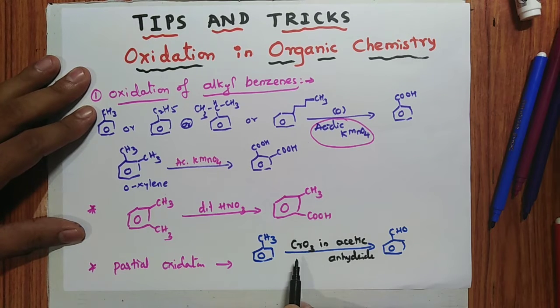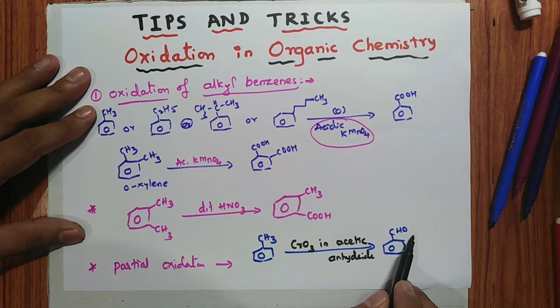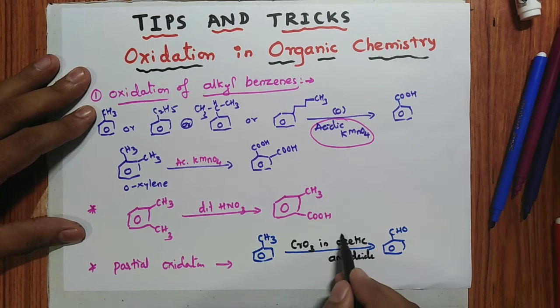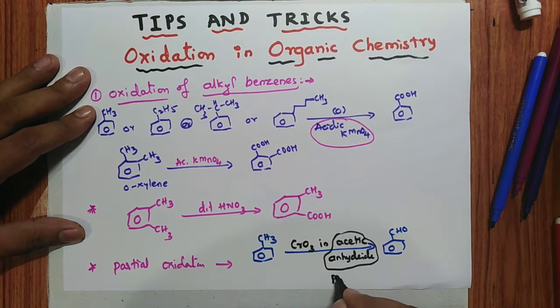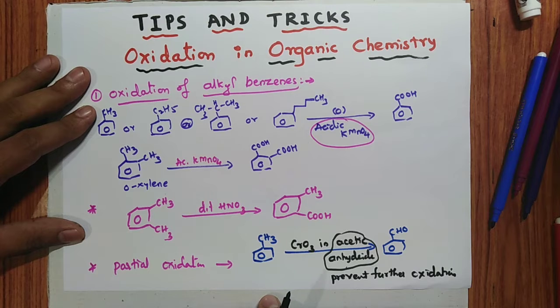Chromium trioxide in acetic anhydride converts CH3 to CHO, and this acetic anhydride we use only to prevent further oxidation. Hence we use acetic anhydride with CrO3.